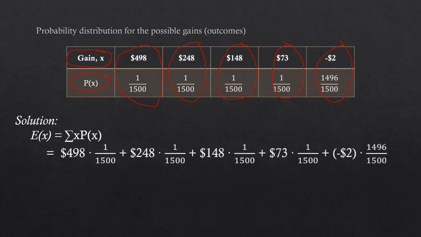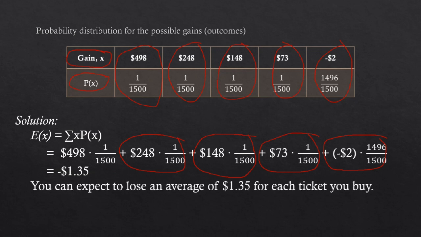So $498 times 1 over 1,500 plus $248 times 1 over 1,500 plus $148 times 1 over 1,500 plus $73 times 1 over 1,500 plus negative $2 times 1,496 over 1,500 is equal to negative $1.35.